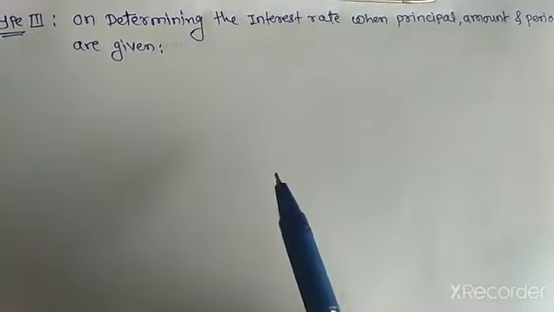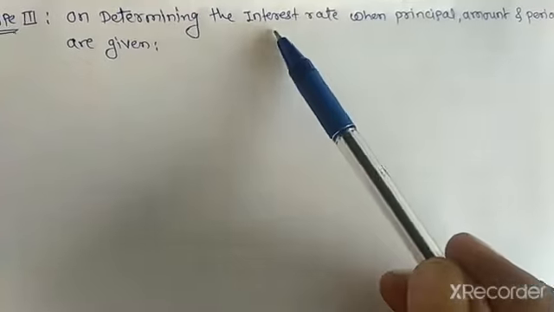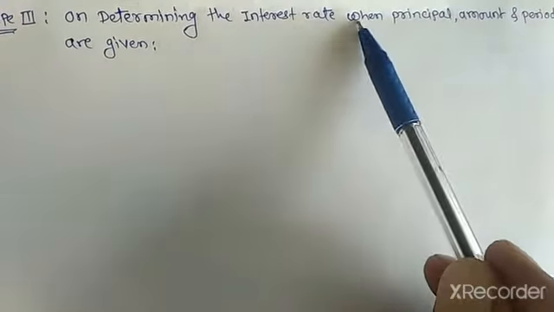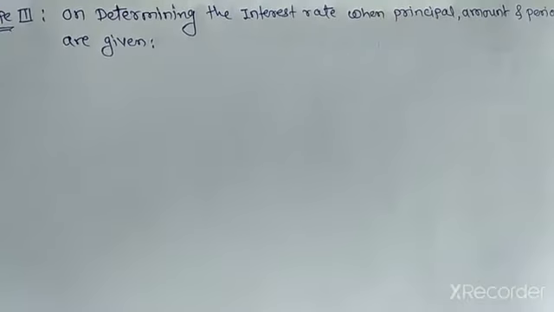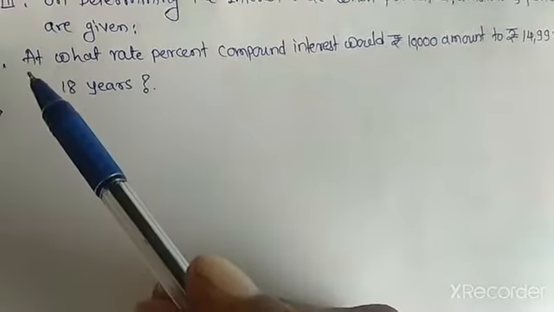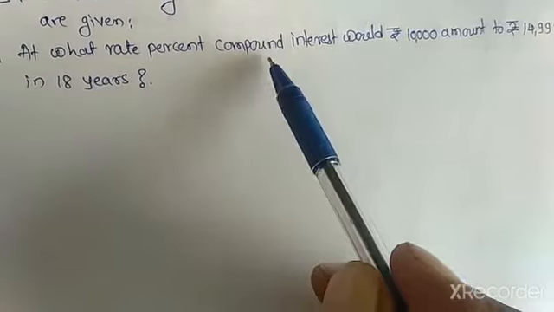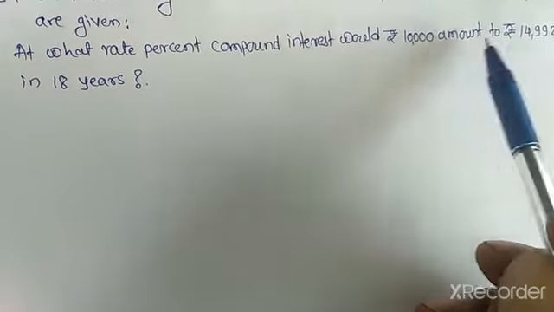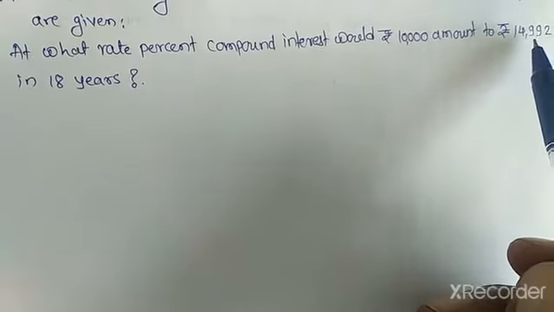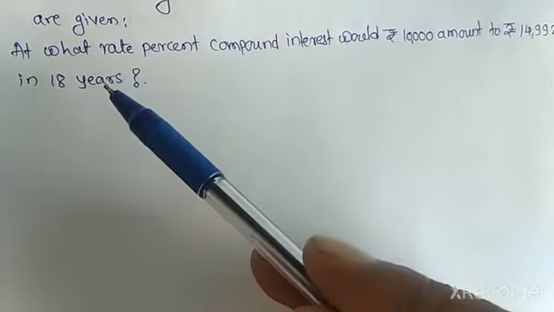Now consider the next type. In this we have to find the interest rate when principal, amount and period are given. Now here the example is: at what rate percent compound interest would rupees 10,000 amount to rupees 14,992 in 18 years?